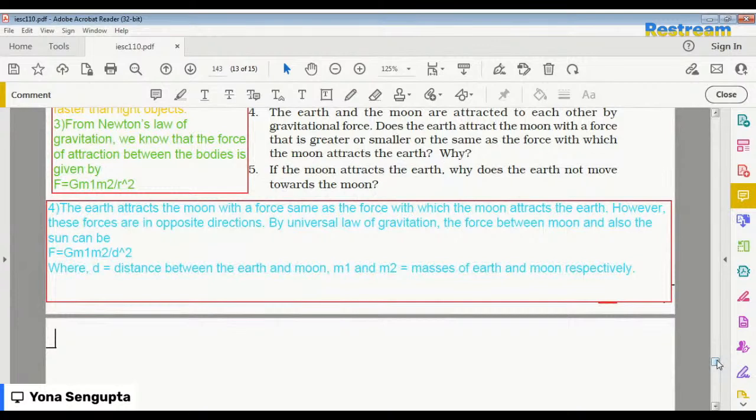Number 5 says, if the moon attracts the earth, then why does the earth not move towards the moon?